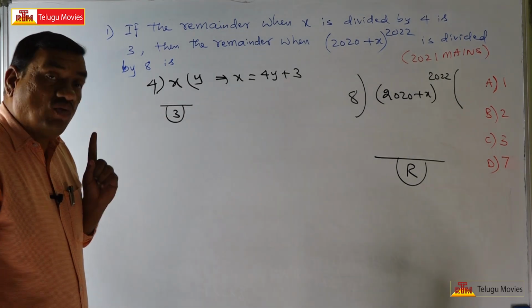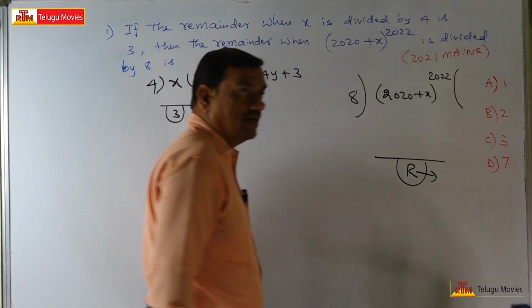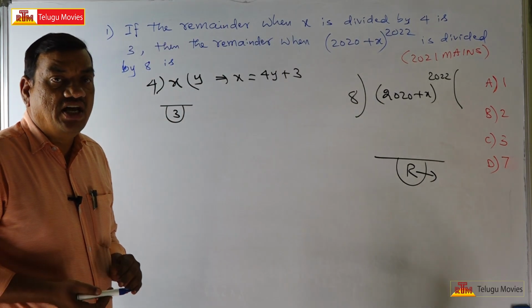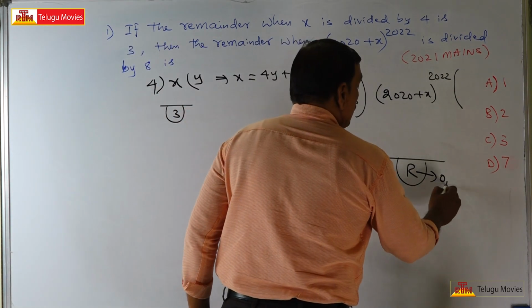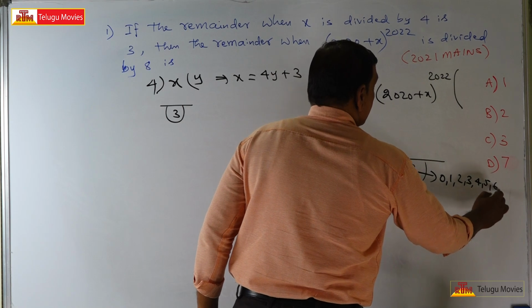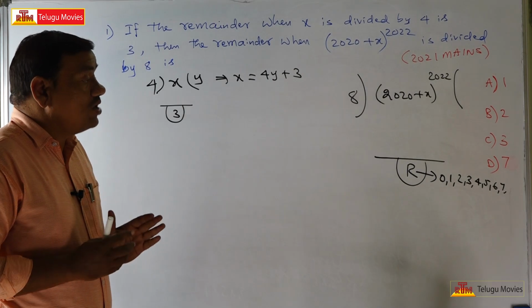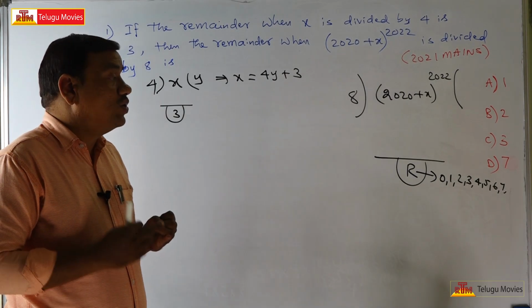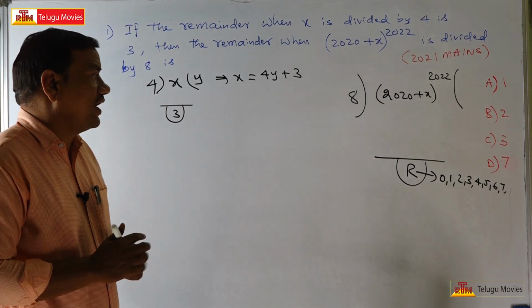But one thing is clear, the remainder should be a non-negative integer including 0. That means it should be either 0, 1, 2, 3, 4, 5, 6 or 7, that's all, not 8. So your r should be either 0, 1, 2, 3, 4, 5, 6, 7. That is one thing that is very clear.